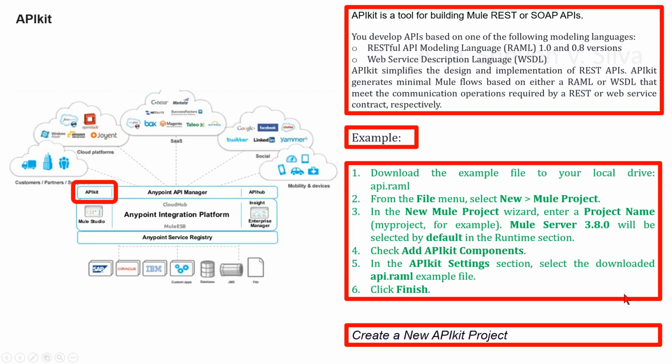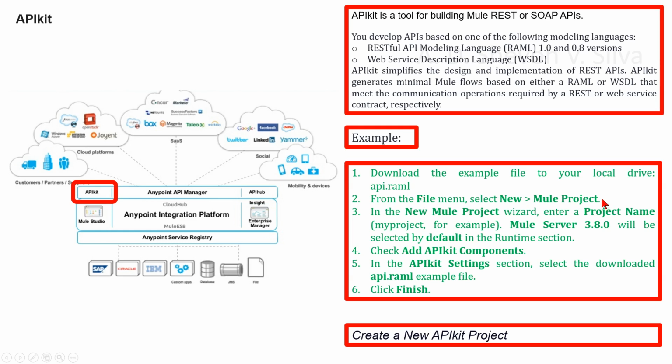These flows, called skeleton flows, are the bare minimum structure needed to support the RAML specification. The RAML files imported by this procedure are located at src/main/api.